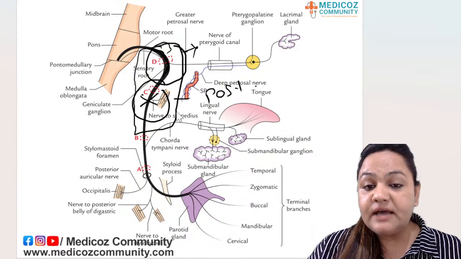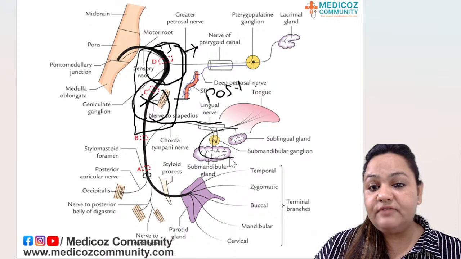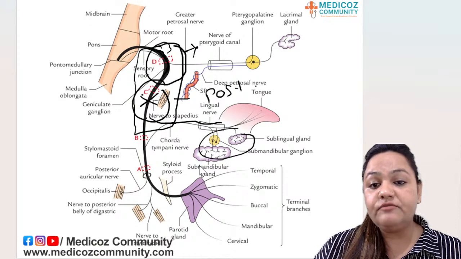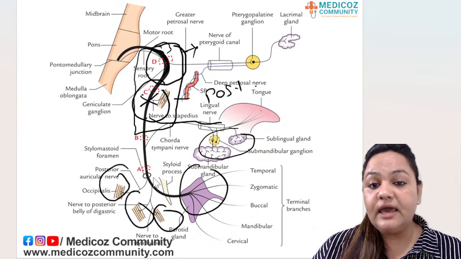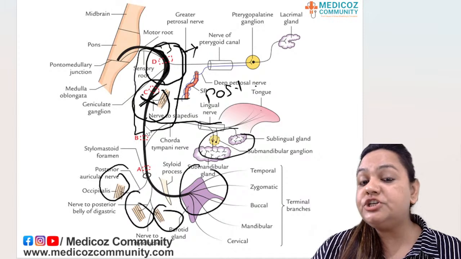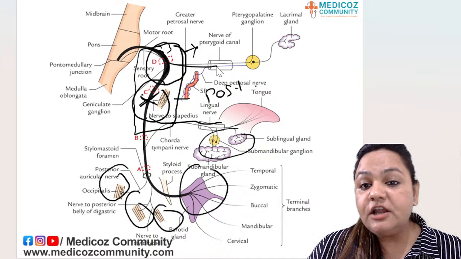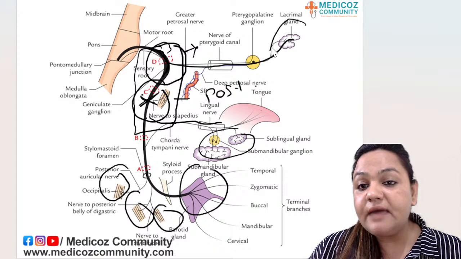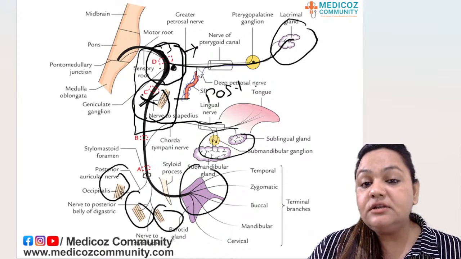All these branches arising from the facial nerve, like the nerve going to the salivary glands, the nerve going to the tongue, the one going to the parotid gland, and going to the muscles here, all these branches come from the facial nerve after this point, from where the nerve passes through the posterior wall of the middle ear. But the facial nerve gives a branch to the lacrimal gland on its medial wall. So this is the point here.